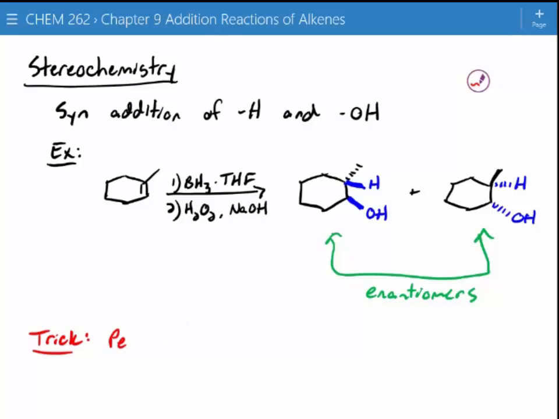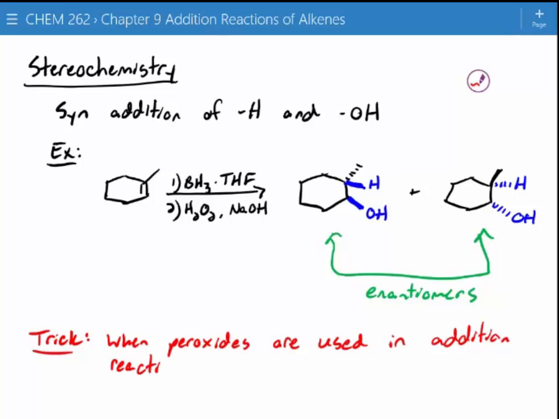The trick is that when peroxides are used in addition reactions, you get the anti-Markovnikov product.